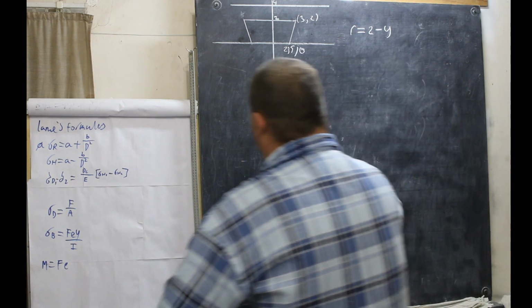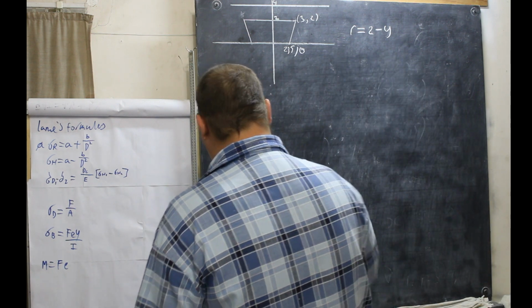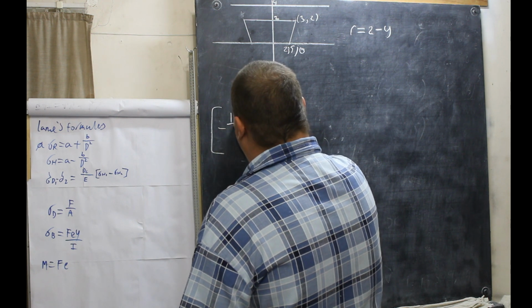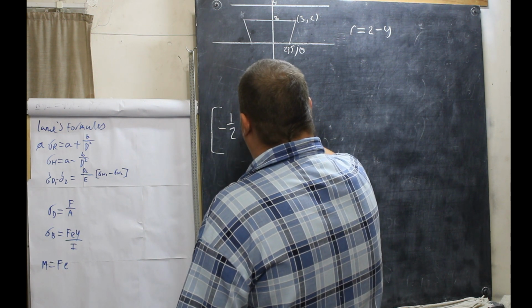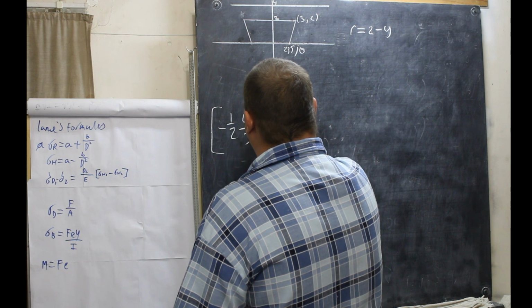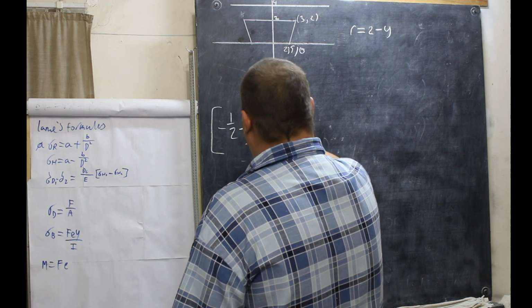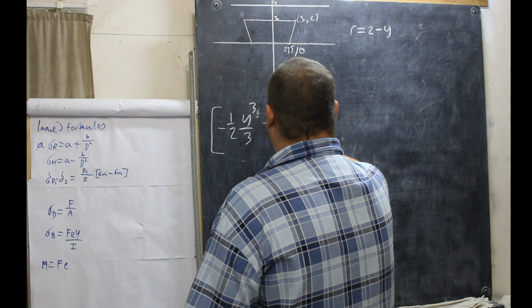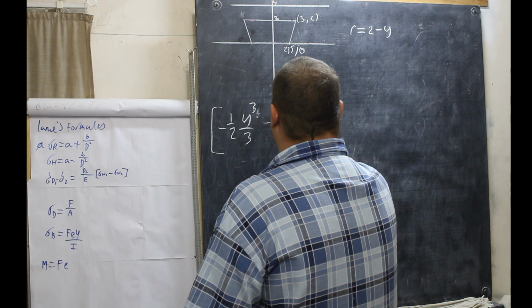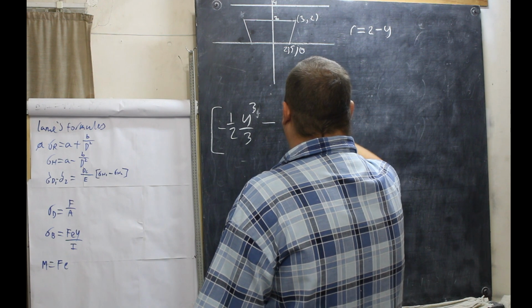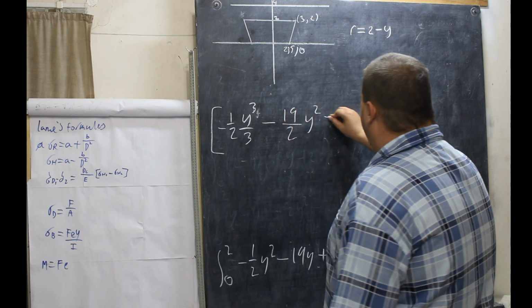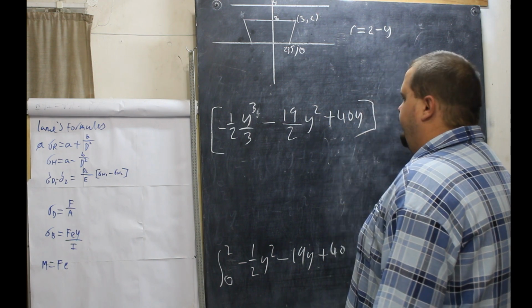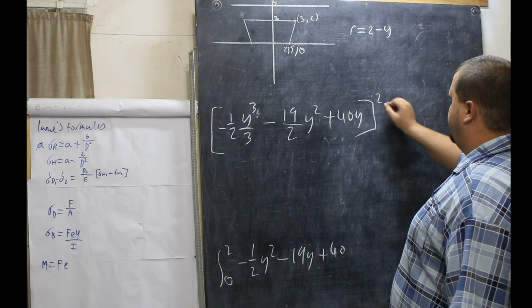Integration gives minus a half y over 3 cubed, minus 19 over 2 y squared, plus 40y. And then it's 2 and 0.